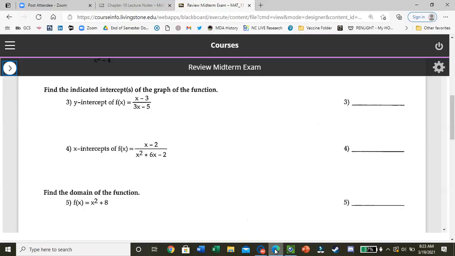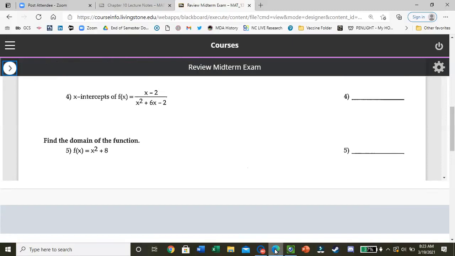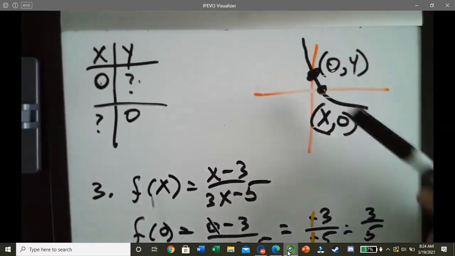Good questions. Okay, find the x-intercepts. All right, so let's do that one. Okay, number 4. We have f of x equals 2x minus 2 over x squared plus 6x minus 2. All right. So we want to find the x-intercepts, right?